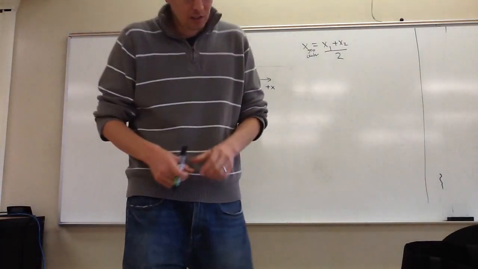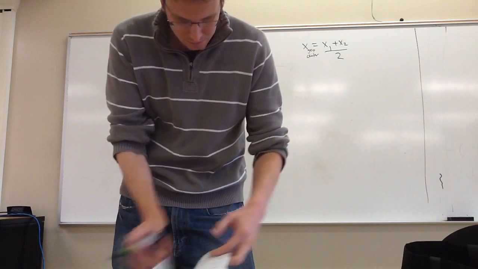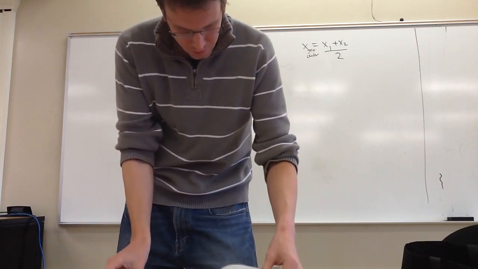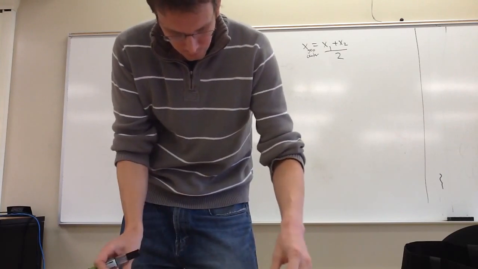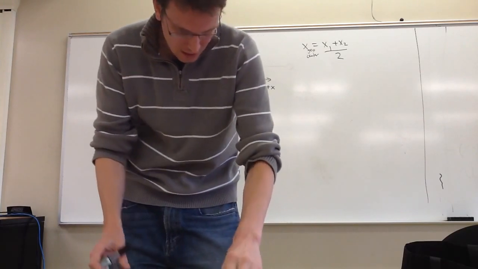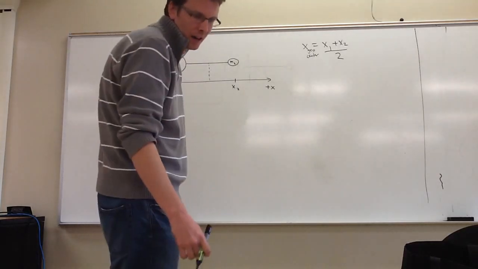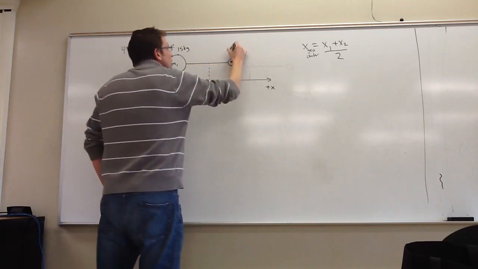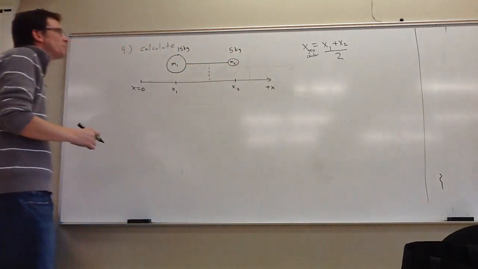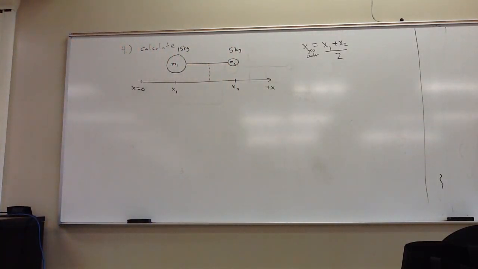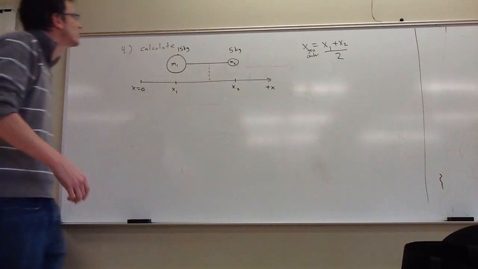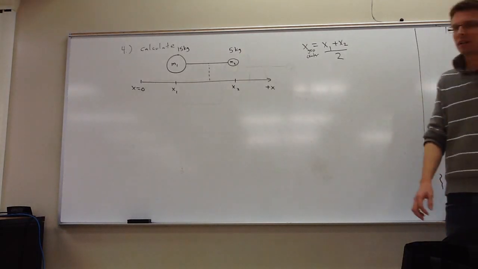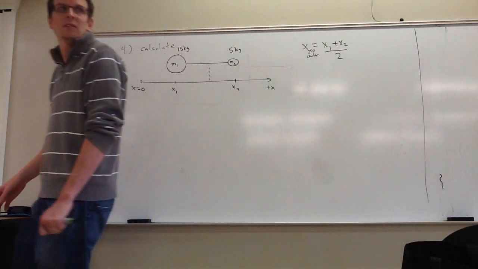Let me give you some numbers here. Let's say, I want to get the same numbers as in my notes. Let's say 15 kilograms and 5 kilograms. So there's 3 times more mass on the left end as on the right end, right?